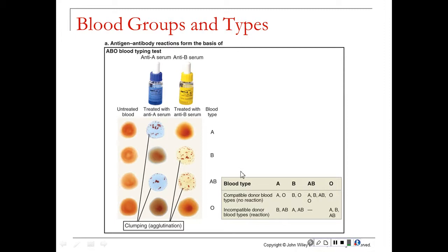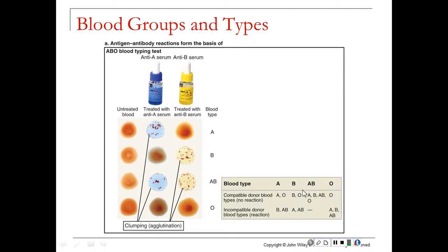Here you can see that compatibility that I was referring to. People that are blood type A can receive blood from other A's and O's. They're incompatible with B and AB. So in other words, they cannot receive AB blood and they cannot receive B blood.